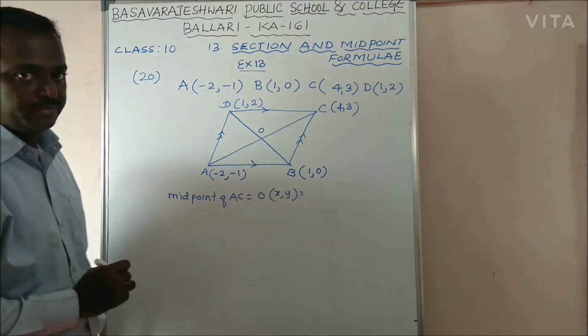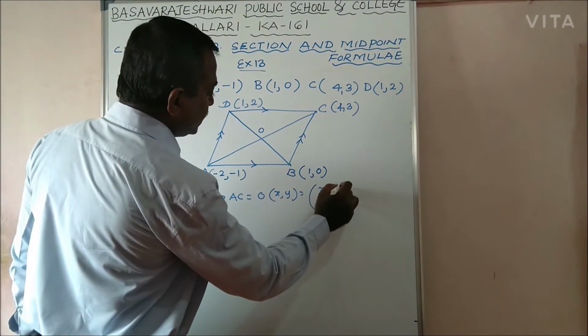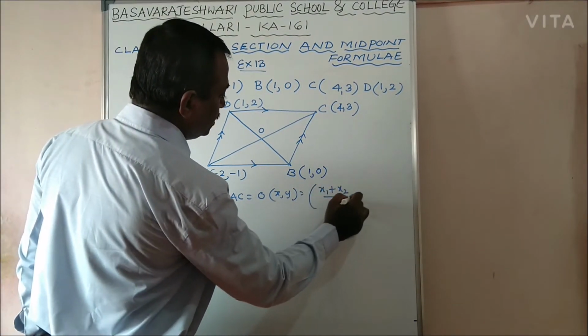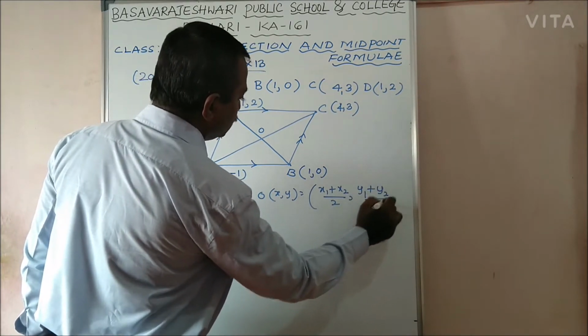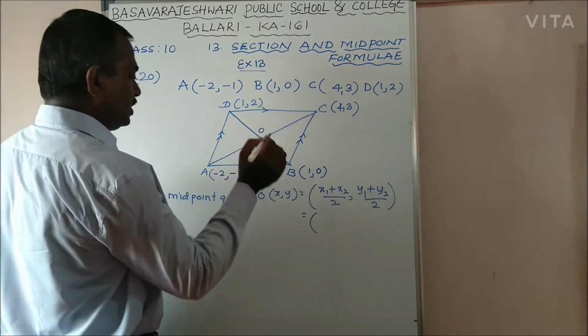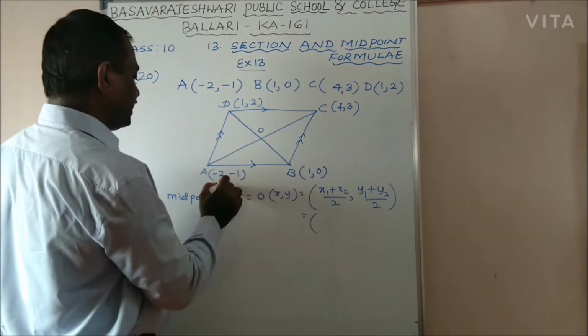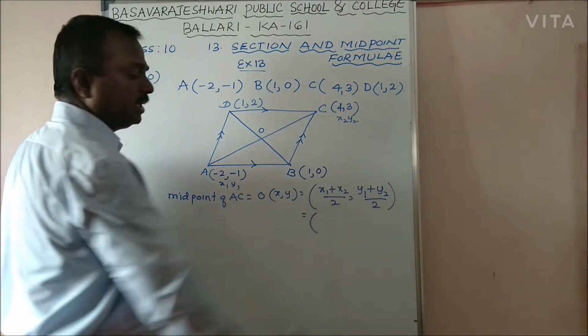What is the formula to find the midpoint? (x1 plus x2) by 2, (y1 plus y2) by 2. Substitute the values. So we are taking AC, this is x1, y1, this is x2, y2.